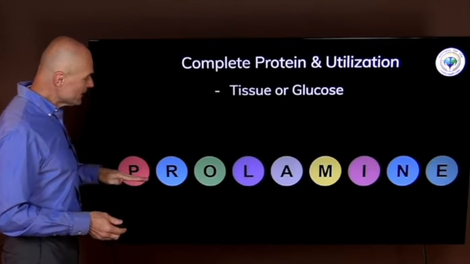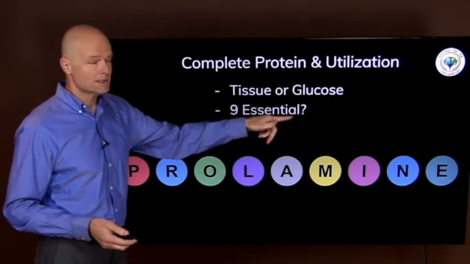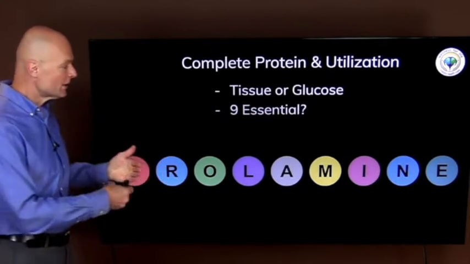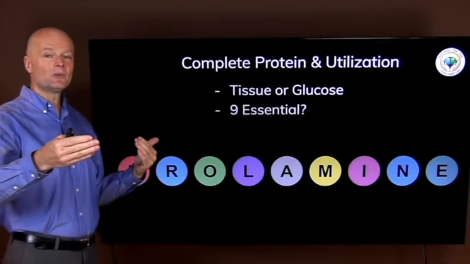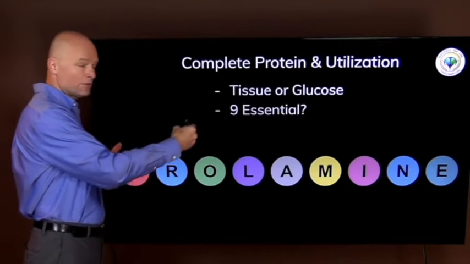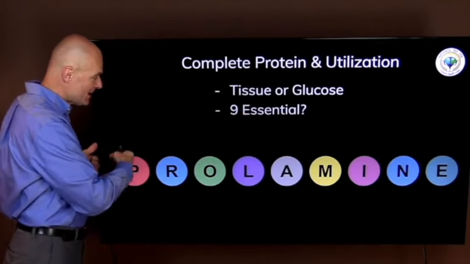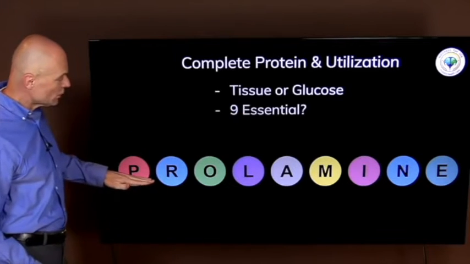Now we want to think of these 9 essential amino acids as building blocks or letters. If you're going to spell out a 9-letter word, you need 9 different letters, in this case 9 essential amino acids. So this is a protein called prolamine.